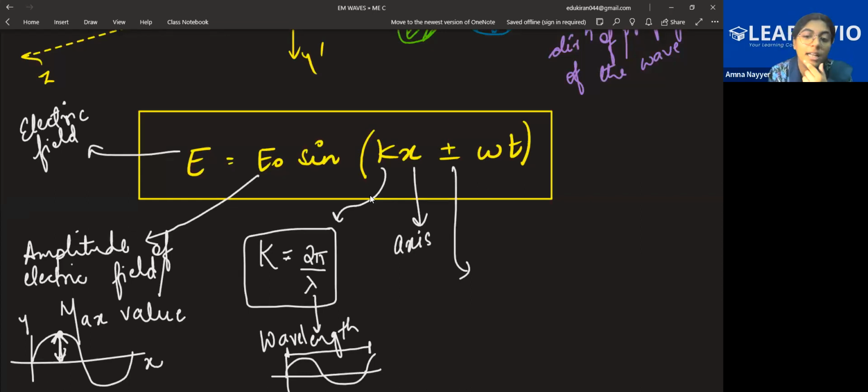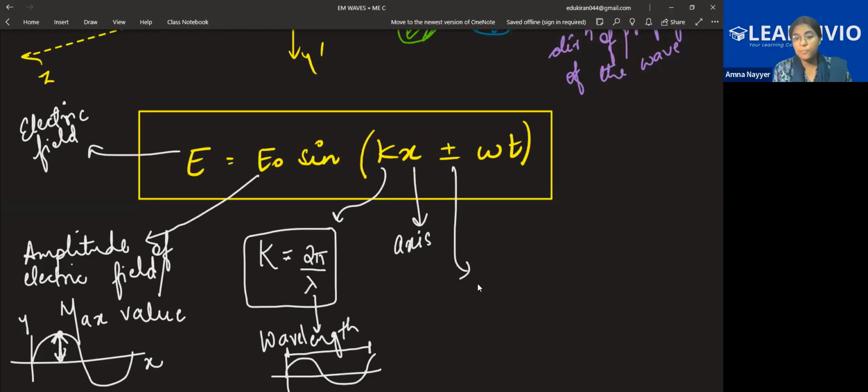So how will it be determined? Suppose I write this equation, E naught sine kx. You only get to know that this is the x-axis. Whether it's the positive x-axis or the negative x-axis is given by these symbols. So these are not just for your addition or subtraction. They are telling you the direction of propagation of the wave.